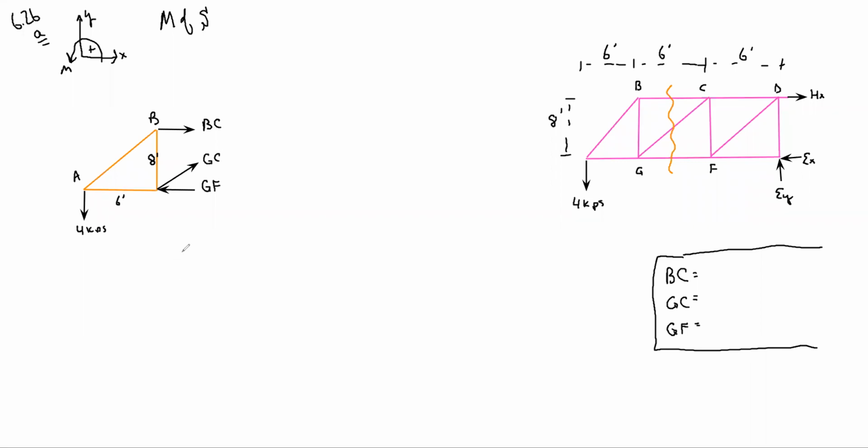All right, so I have our free body diagram for our left-hand section over there. One thing that we still need to do is I'm noticing that member GC is at a diagonal. So because it's a diagonal, we need to pull out the X and Y components.